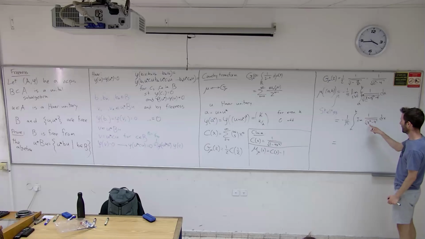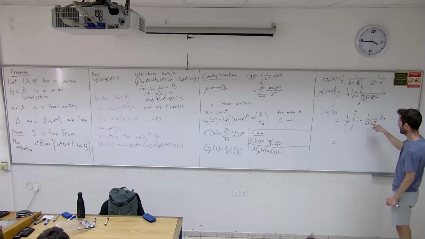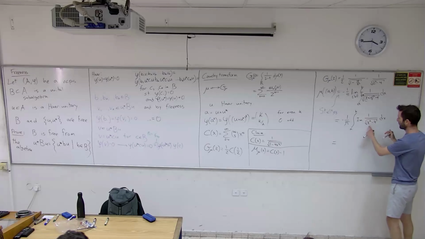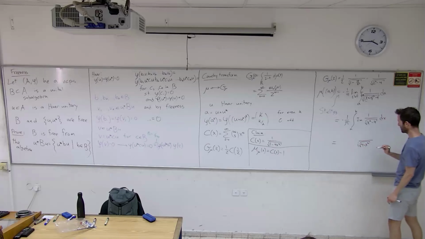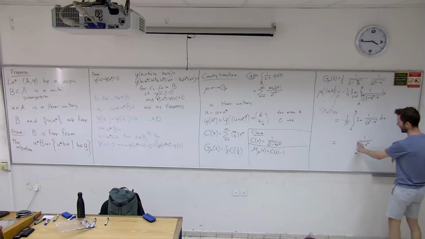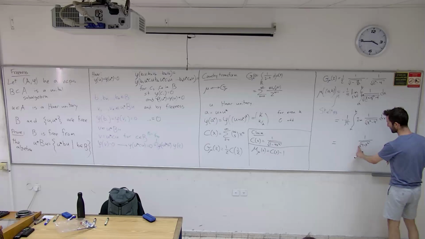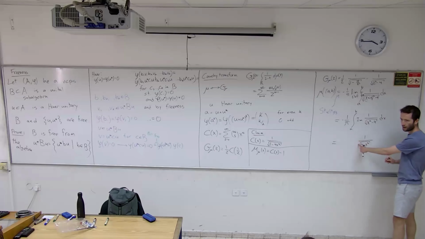this is going to equal, well, let's see. We have 1 over here. So if I write down the square root of 4 minus x squared, this would be the imaginary part. Taking the imaginary part would just give me a minus sign because I have the i in the denominator.